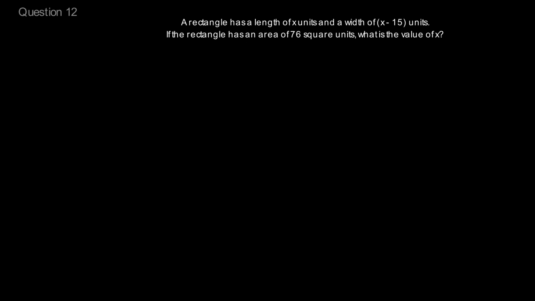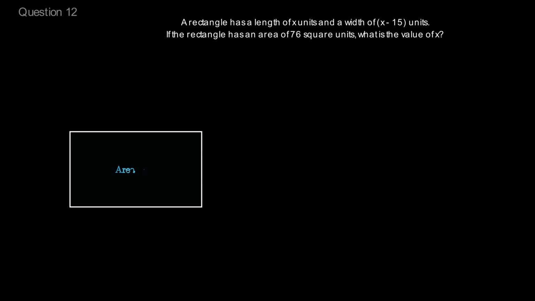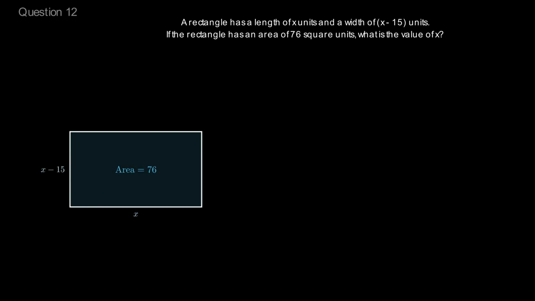Question 12 states that a rectangle has a length of x units and a width of x minus 15 units. If the area of this rectangle is 76 square units, what's the value of x? Let's sketch this rectangle to see its dimensions visually. Inside the figure, the area is equal to 76, the length is x, and the width is x minus 15.